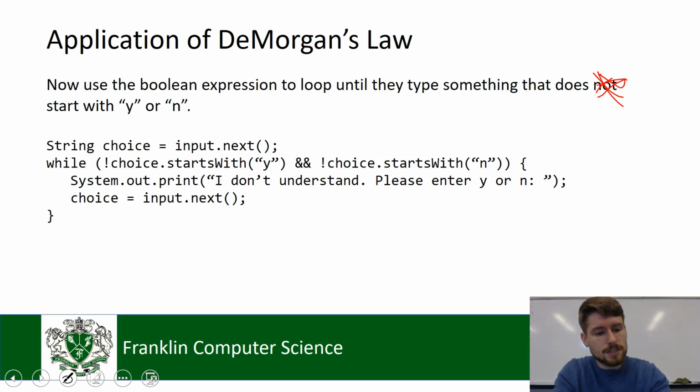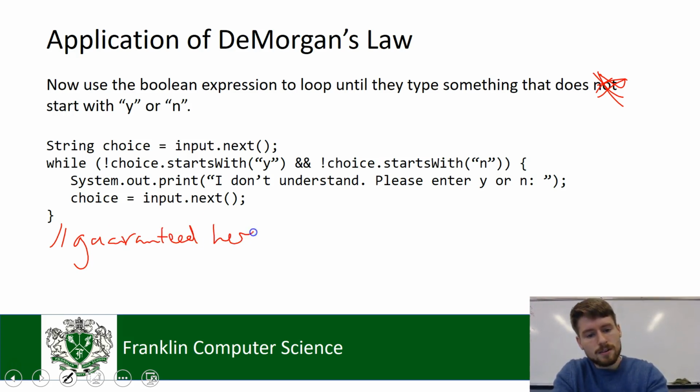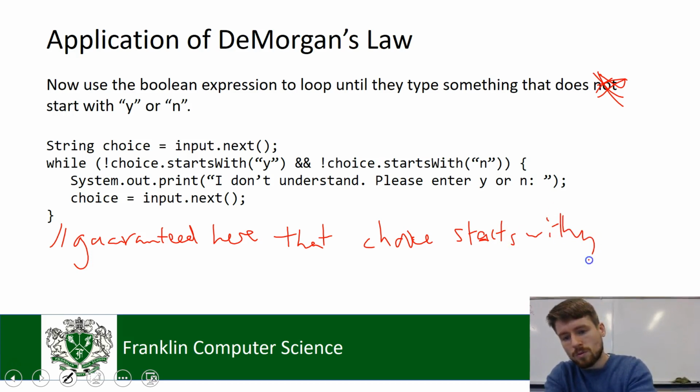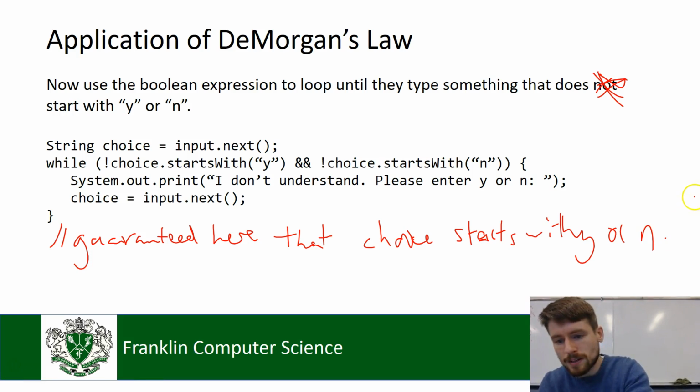So after this loop is done, we're guaranteed here that choice starts with y or n.